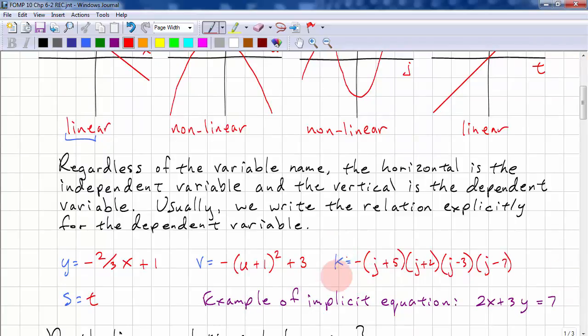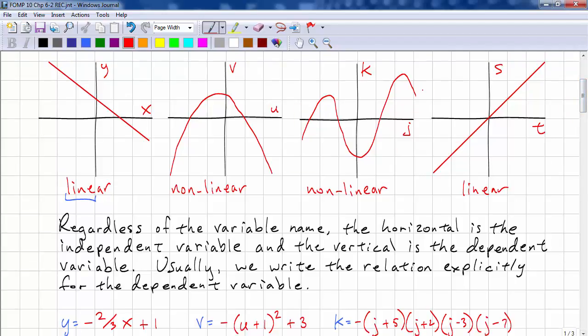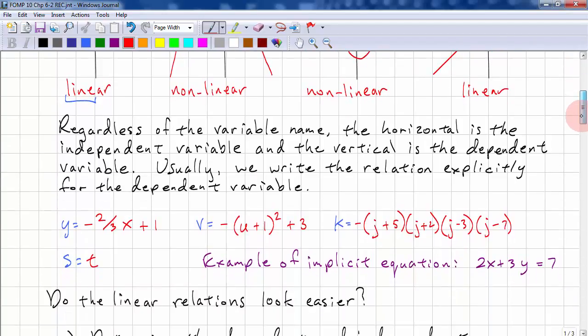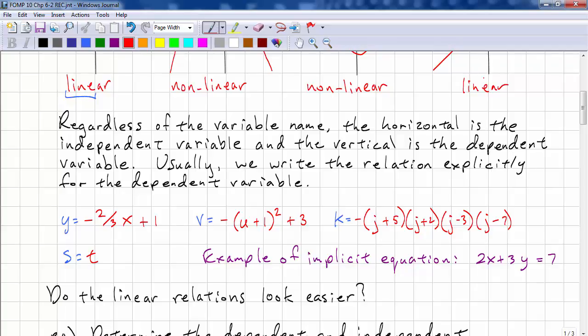And here we have k equals, k is the dependent variable, j is the independent variable. So k equals negative j plus 5 times j plus 2 times j minus 3 times j minus 7. And that is this quartic function. And for the last graph, we have s equals t.